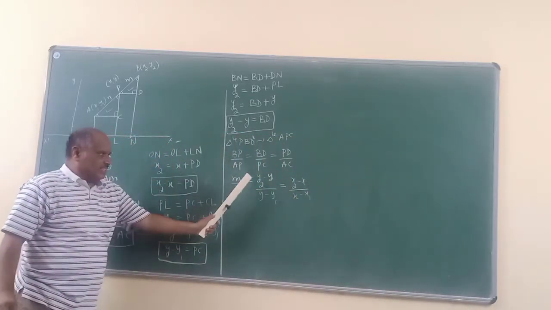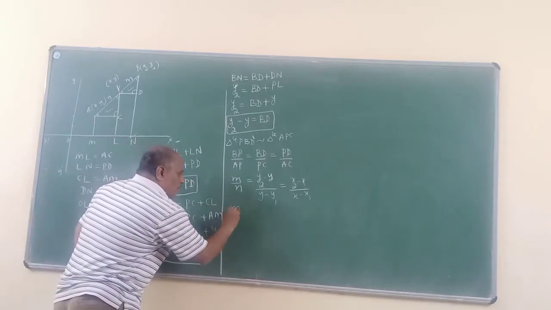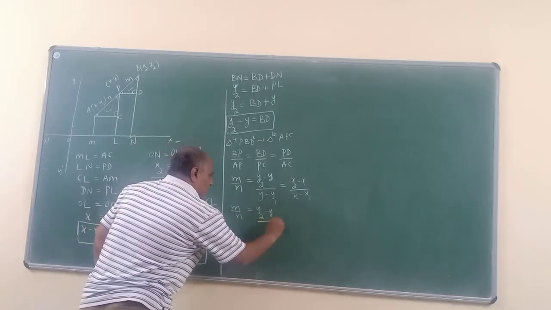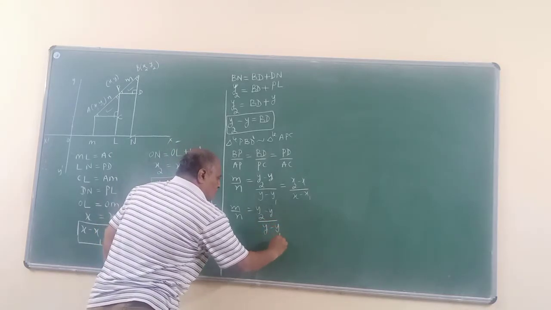You take the first and second terms: m by n is equal to y2 minus y divided by y minus y1.